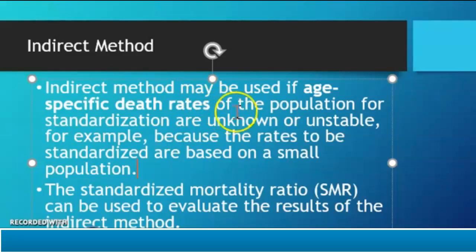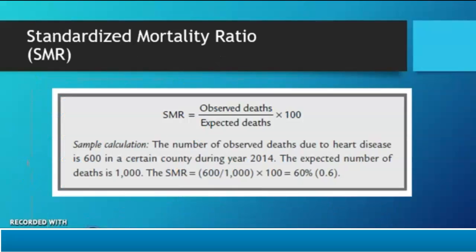I bolded this here because this is something that is very important. In a very simplistic manner, the standardized mortality ratio is the observed deaths over the expected deaths times 100.